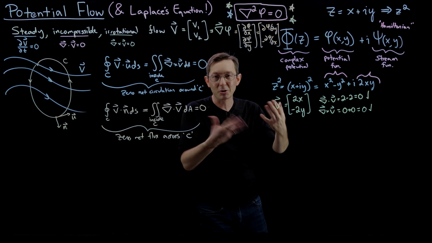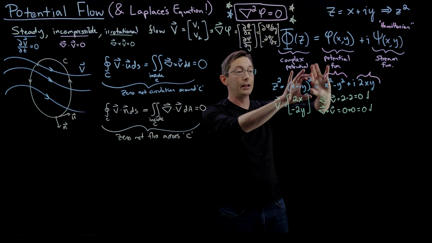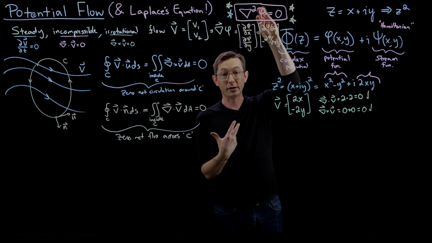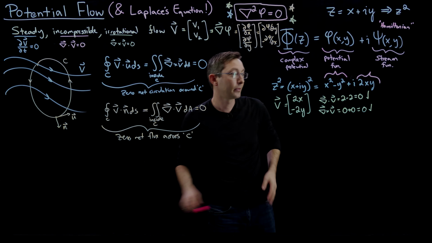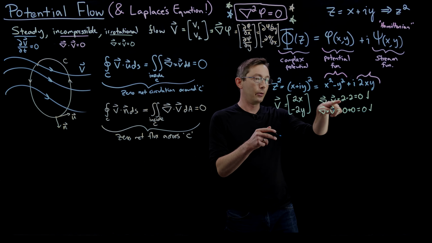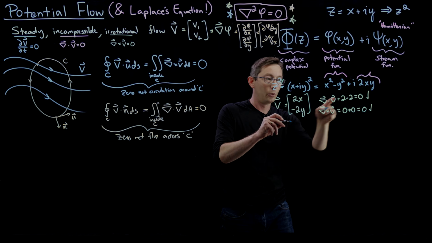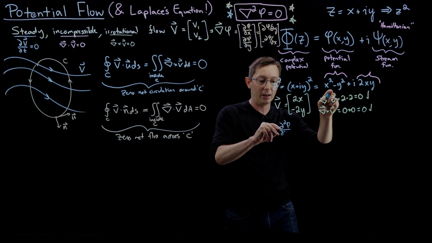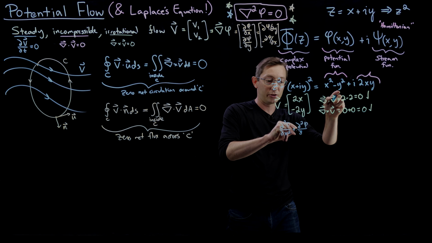Let's do that. I'm just going through the motions of confirming for you that if you have an analytic function and you expand it out in complex variables, the real and imaginary parts are solutions of Laplace's equation and can give you an incompressible irrotational vector field. So we're going to confirm that the phi function satisfies Laplace's equation, which literally means partial squared phi partial x squared plus partial squared phi partial y squared.